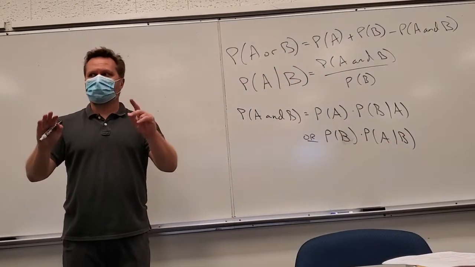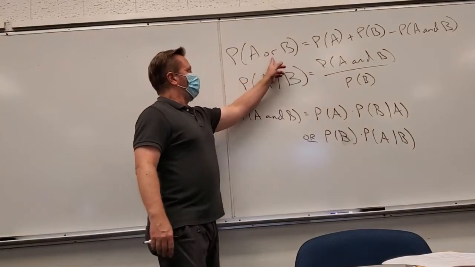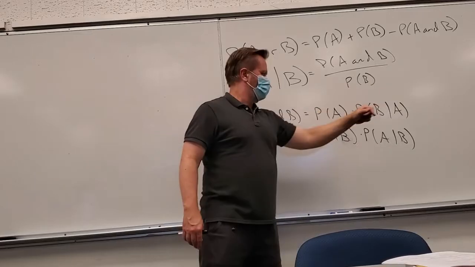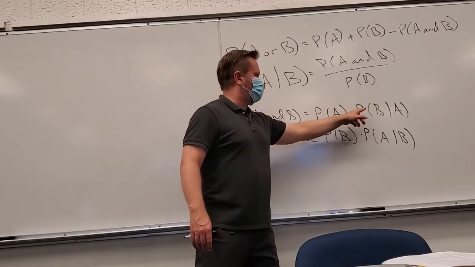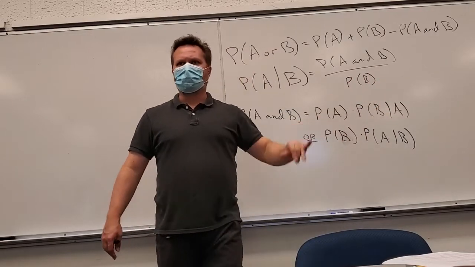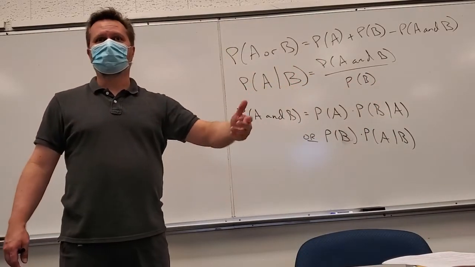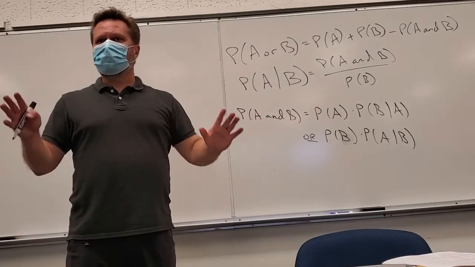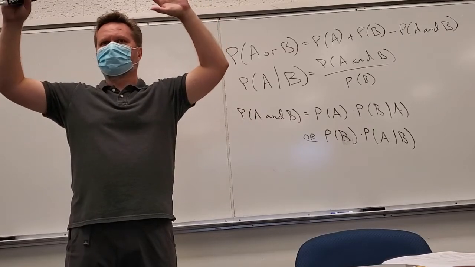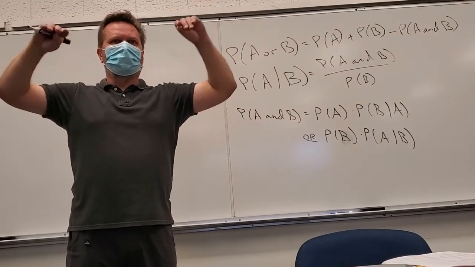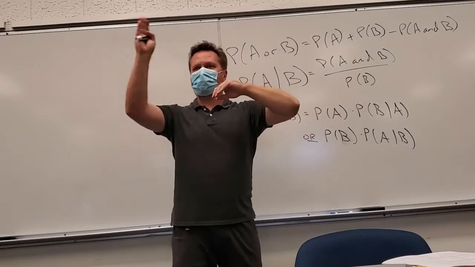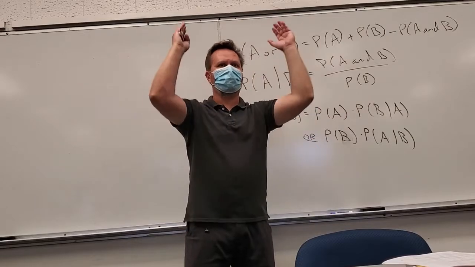So fundamentally, OR is P(A) plus P(B) with an adjustment. And AND is P(A) times P(B) with an adjustment. Do you always have to do the adjustment? No. If it's independent, I really want this to make sense. When we were doing the haunted house problem, with the Democrats and the Republicans, when I did it with replacement, I just directly multiplied the probabilities.